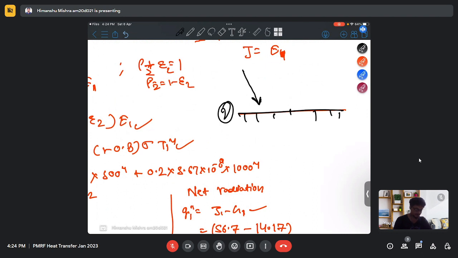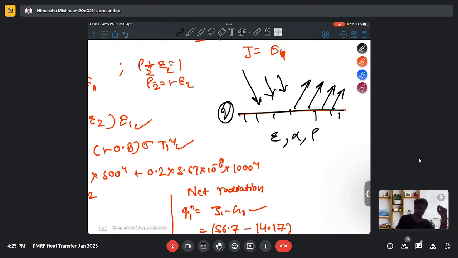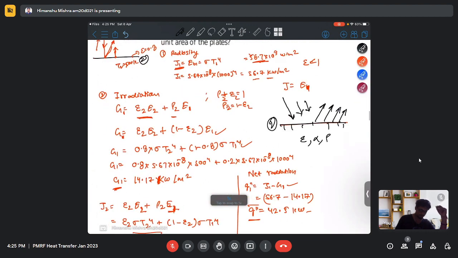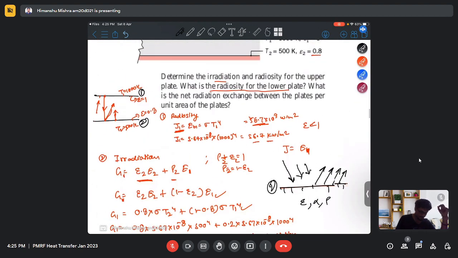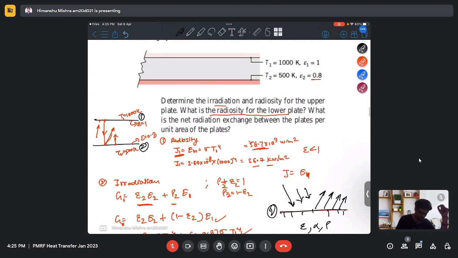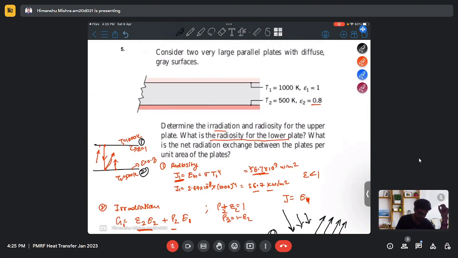There will be some emissivity, some absorption at the surface, and some reflectivity. So when we calculate the radiosity, which is the total emission, this total emission is coming from the emissivity part. But there will be transmissivity also. That transmissivity should also be there, because it's not a black body, so it should be there at surface 2. But we are taking it 0.